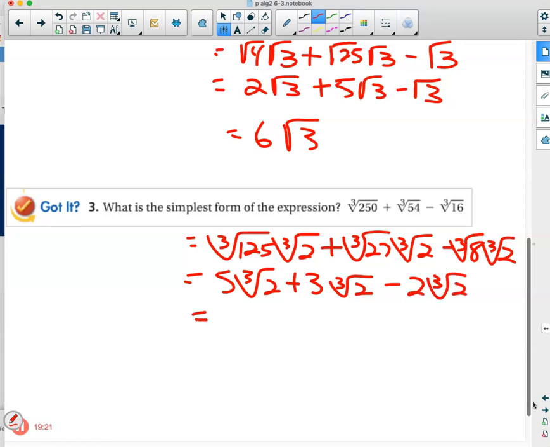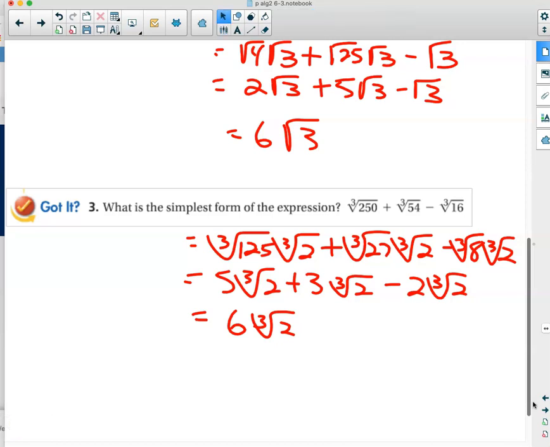So now we can see they are like radicals, and it's going to be something cubed root of 2. So take a second here. What's the something? 6. 5 plus 3 is 8. 8 minus 2. 6 cubed roots of 2. So we have to simplify first before we throw up our hands and say, I can't do this one.